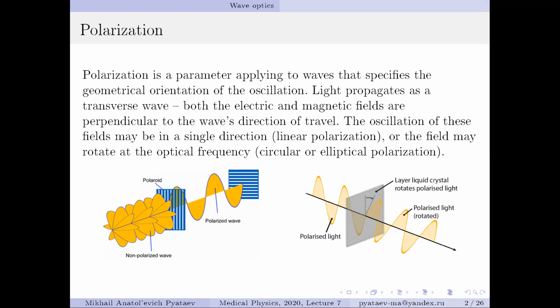This substance is called liquid crystals. If we put liquid crystal between two polarizers, then by applying voltage to these liquid crystals, we can rotate the axis of polarization. And that is how we can control the intensity of outgoing light.